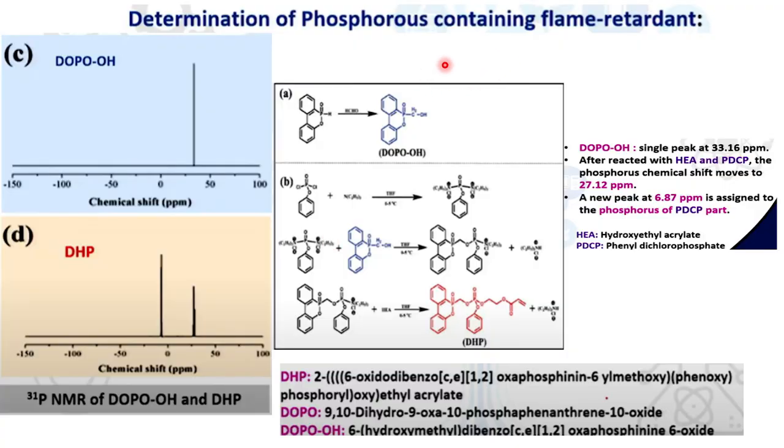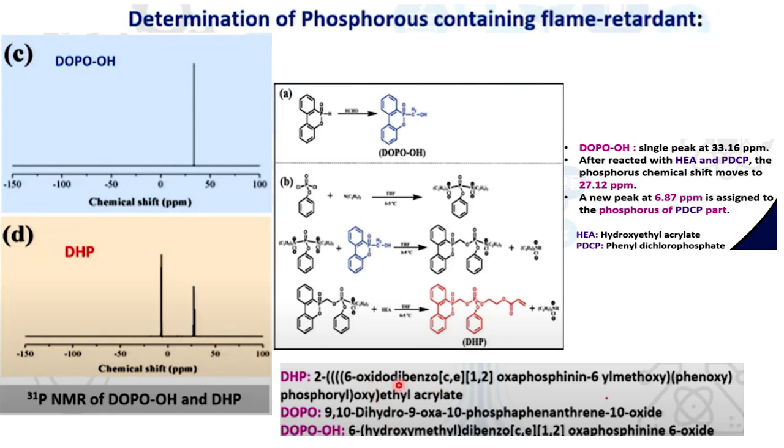Next is the determination of the phosphorus containing flame retardant. So this is very much important. First, this is the starting material. You use this chemical as a flame retardant. So first take the NMR of these additives, and after that when it is reacting, after these three steps, ultimately it will form the DHP.